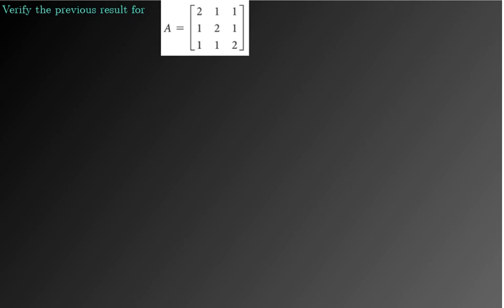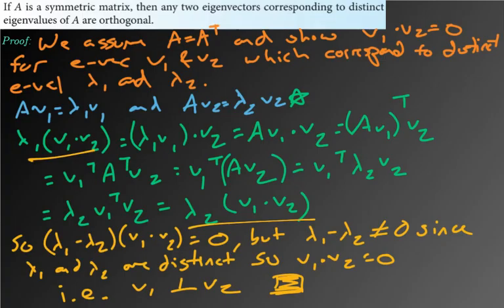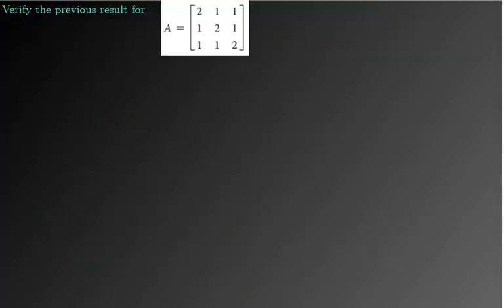I feel like I've done a lot of proofs in this video. So given this matrix here, I want to show you that this result truly holds, that if A is symmetric, which that one is, then any two eigenvectors corresponding to distinct eigenvalues of A are orthogonal. So I'm going to use eigenvec and eigenval.